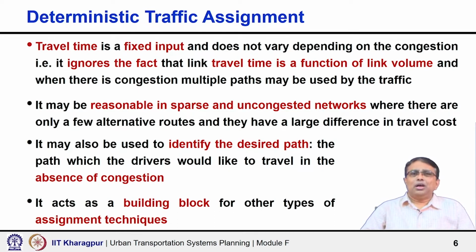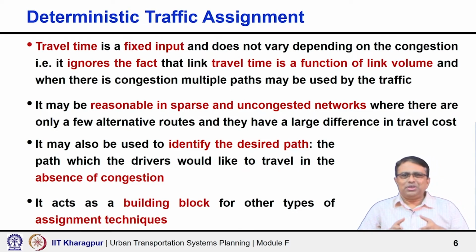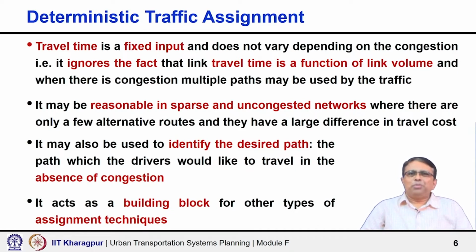Also, as you will see subsequently, this all or nothing assignment acts as a building block for other types of assignment techniques. So, we know that everybody would desire to use it if there is no congestion, no capacity constraints, but then we bring those things.